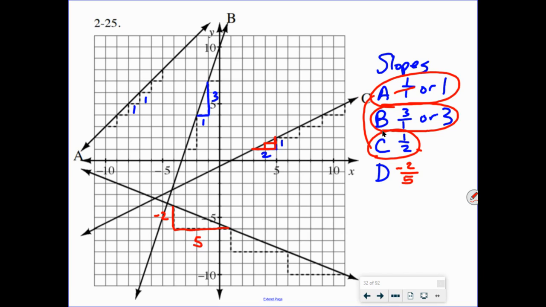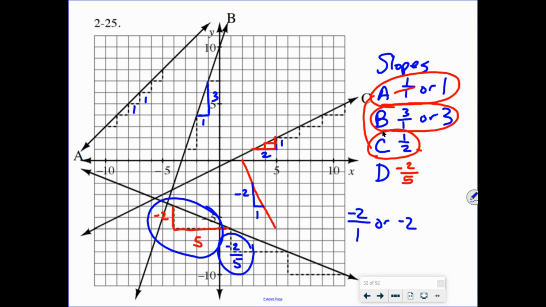If we were going to address this with negative, let's go with a line like this, okay? And so my slope here, I'm going down 2 and over 1. So it'd be -2 over 1. My slope there is -2 over 1 or -2. Compare that to this slope right here of -2/5.